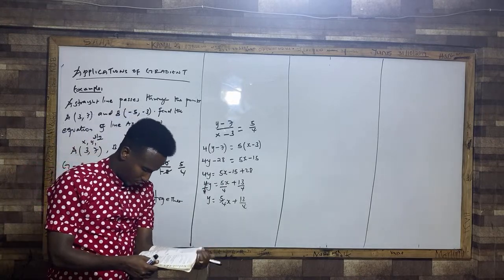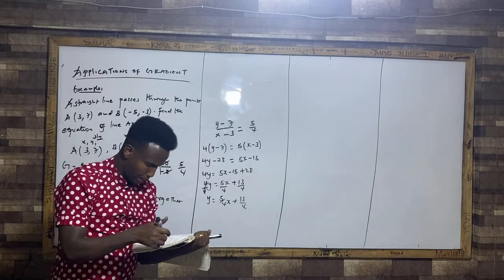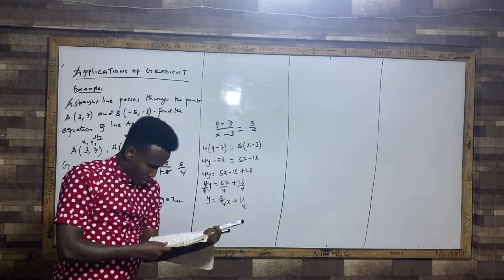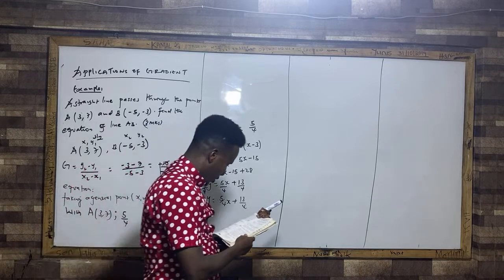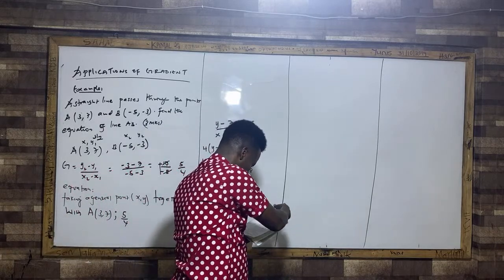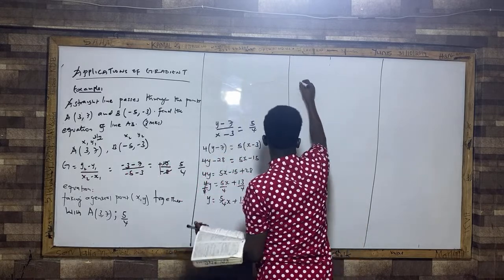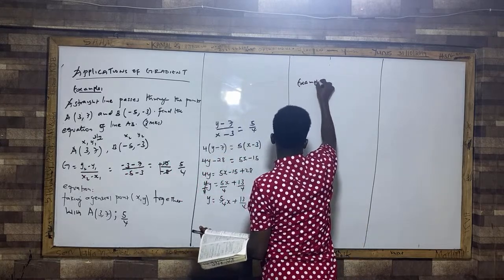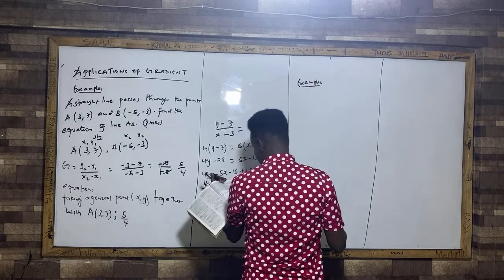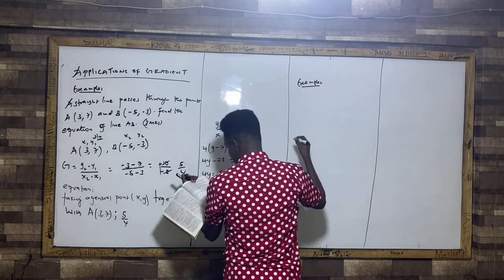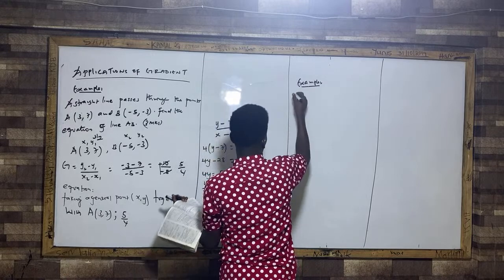Let's see this one. You are told, look at this one. This is example 2. You are told the equation of a straight line.